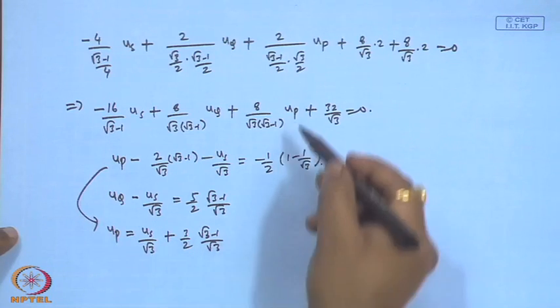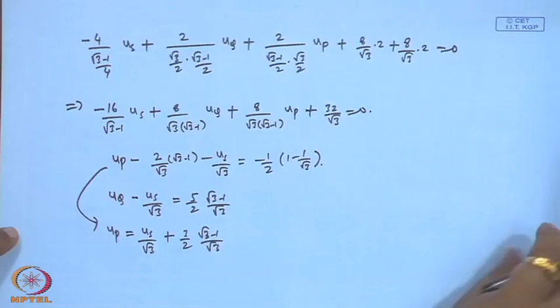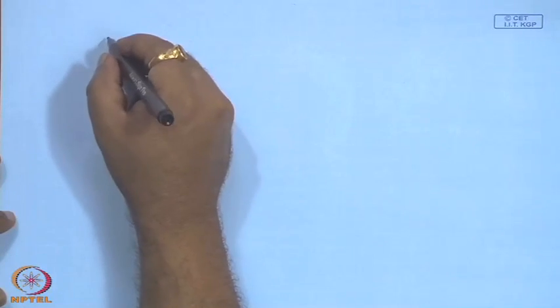Okay. So, now we have UP, UQ, US. So, 3 equations and 3 unknowns. So, let me put them.